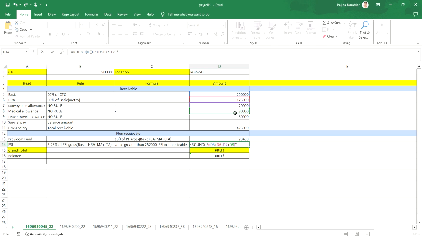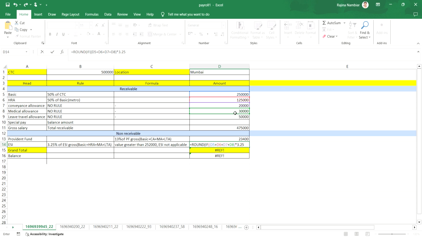From the employer's end it is 3.25, and from the employee's end it will be 0.7. Since it is CTC formation, we will only show the employer's part, right? So this is the condition.